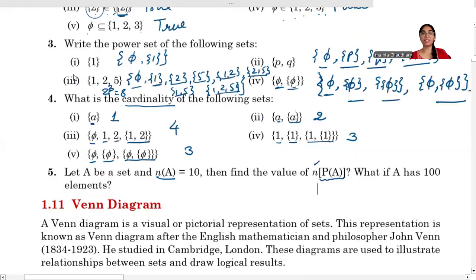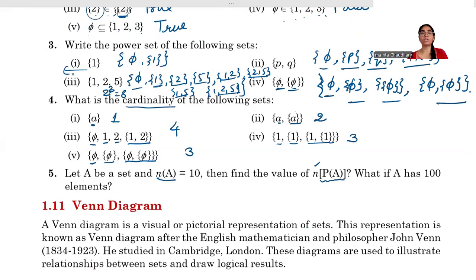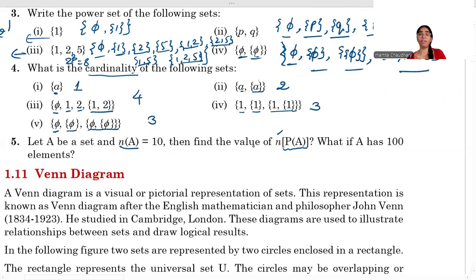Like here, you can see 1 element, so the number of elements in the power set is 2 raised to power 1. Here 3 elements, so the number of elements in the power set of this set is 2 raised to power 3, which is 8. Like that. As in A we have total 10 elements, the number of elements in the power set of A will be 2 raised to power 10. So 2 raised to power 10 will be 1024.